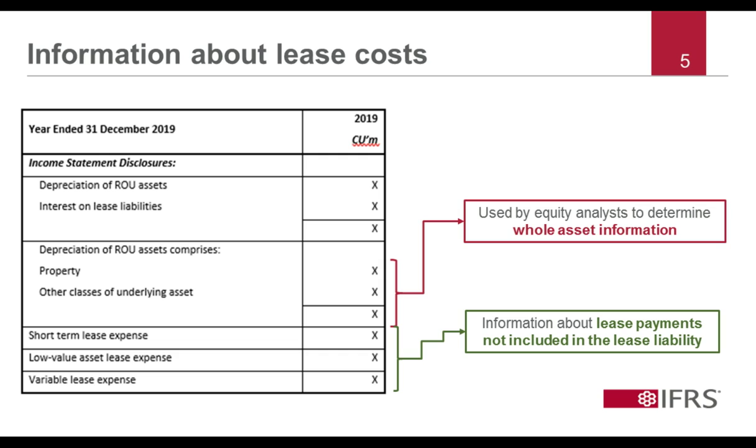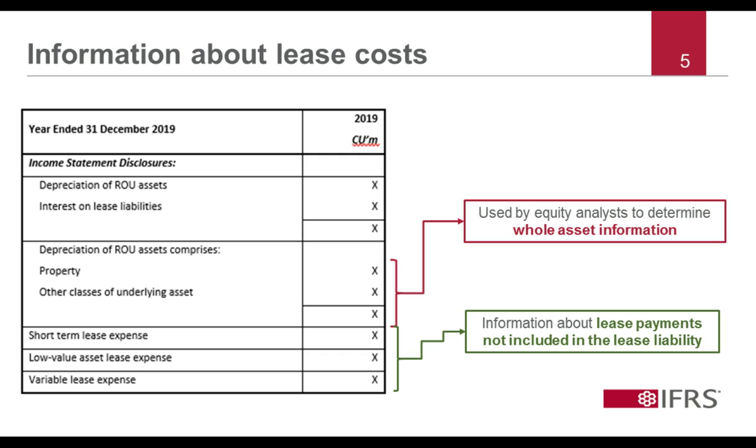However, this is something we've had one or two questions on. First, we talked in detail in the exemptions webinar about the fact that the optional short-term and low-value asset exemptions are there for pure cost-benefit reasons. That being the case, some stakeholders have asked why there needs to be any disclosure about them.